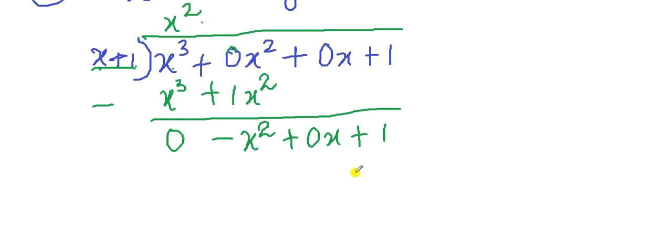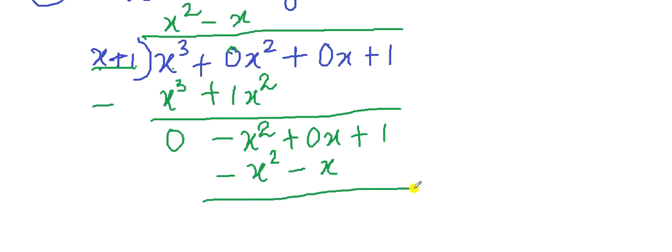I need to multiply minus x. And now minus x times x is minus x square and minus x times 1 is minus x. See here also you got the 0 and below that the term.